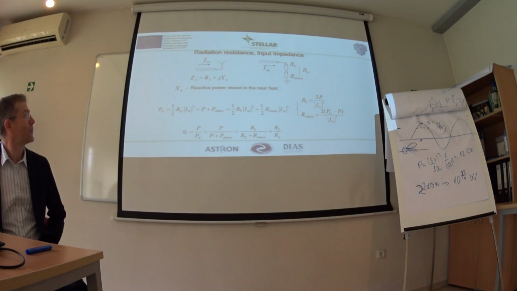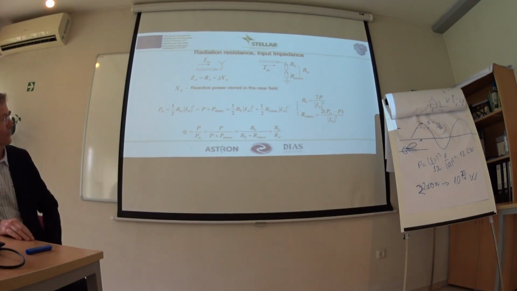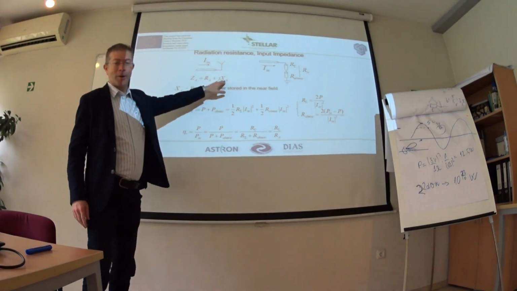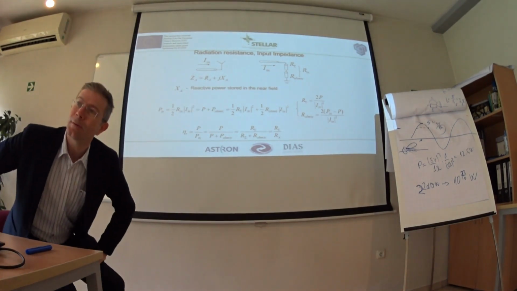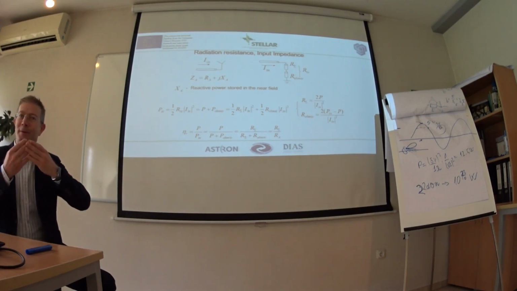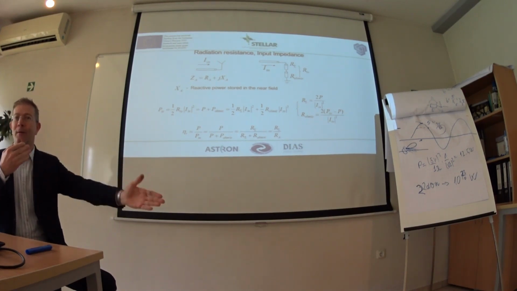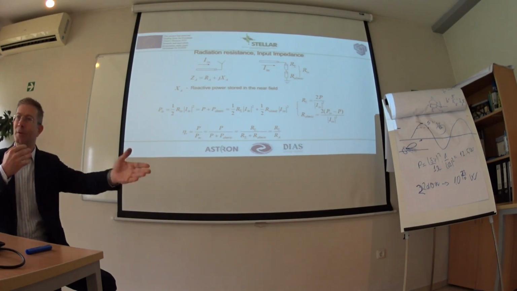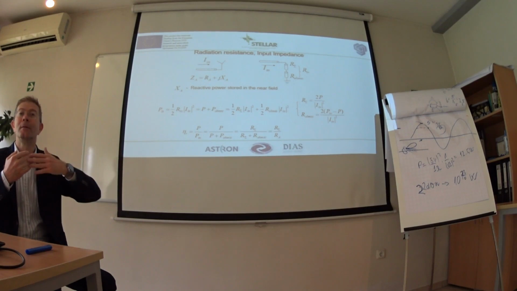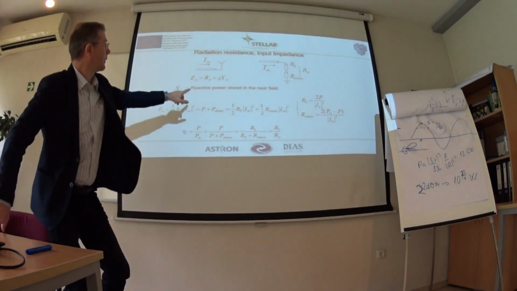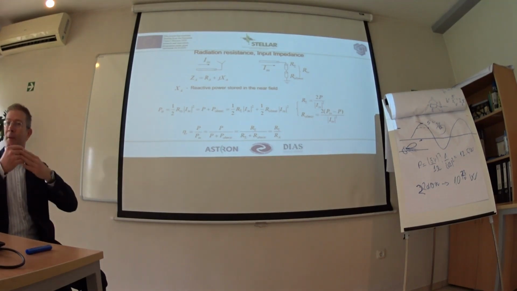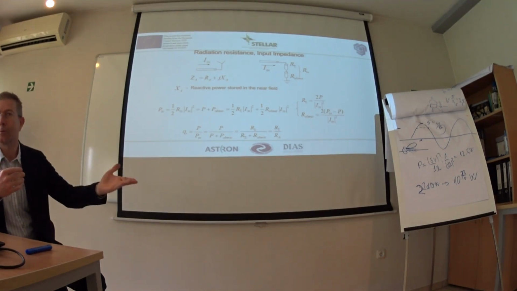And then, even more, if the antenna is not perfectly designed, we have a reactive component, which represents the energy going from the antenna to the source and back. Reactive energy, reactive power, which represents the reactive component of the input impedance.